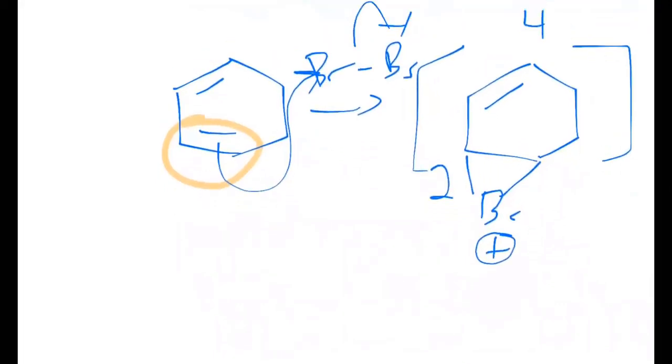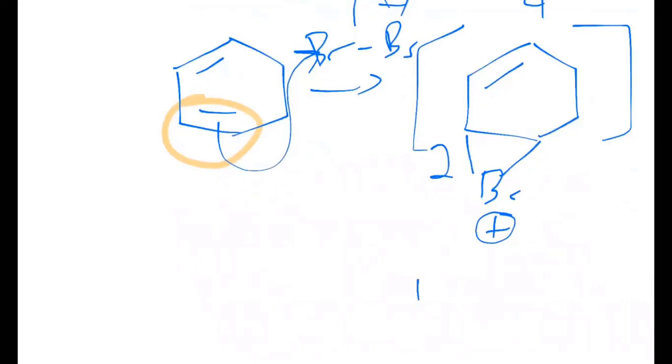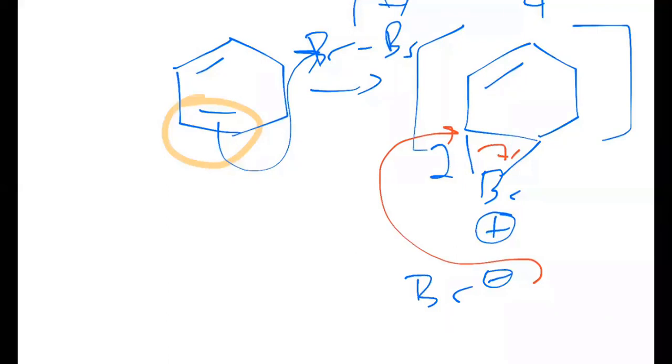So the other bromine can attack at 2, like so. Pop that ring open. Is that right? Yes. What do we need to show for that product with respect to the bromines?